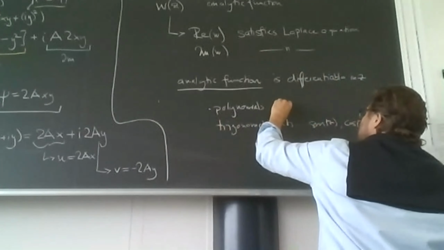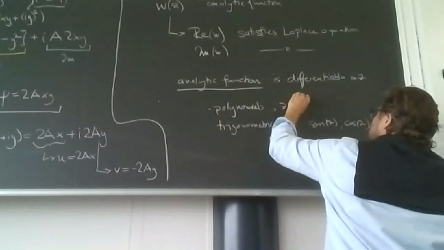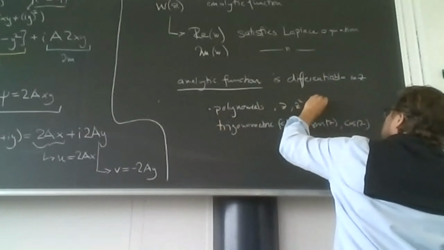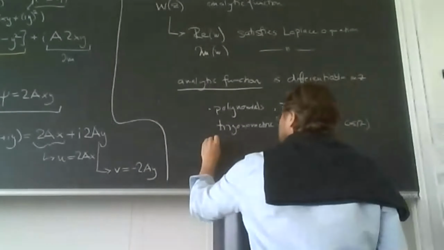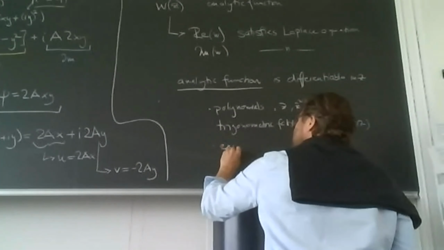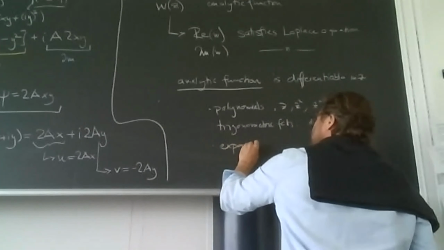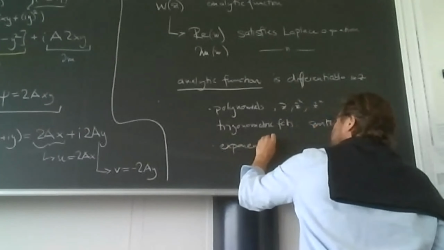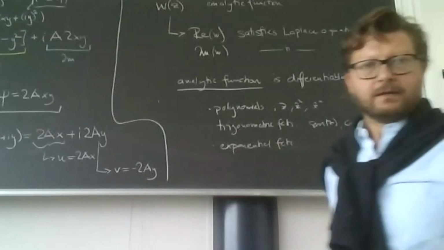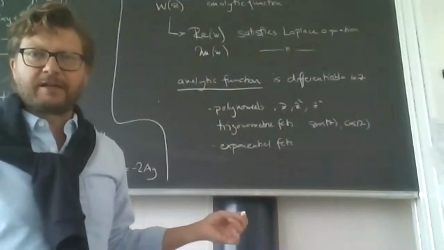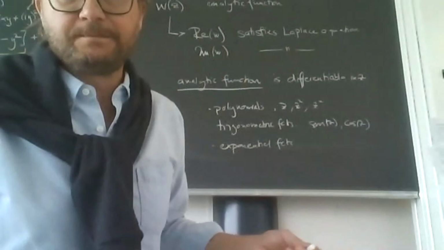Here we have z, z squared, z to the power of n. Exponential functions. They also are nicely differentiable everywhere.